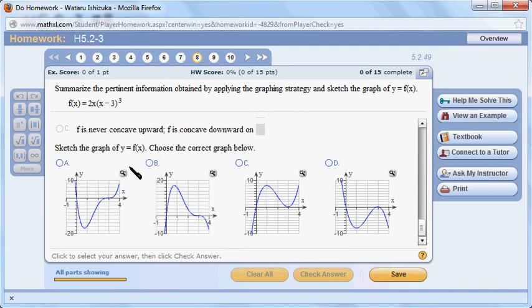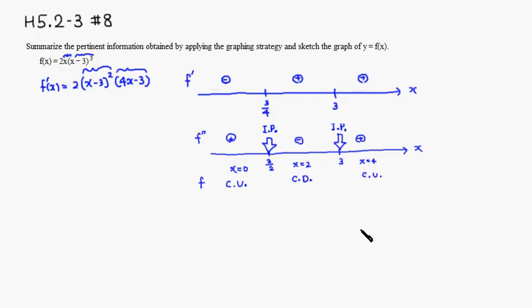Now sketch the graph of y equals f of x. We're going to look at the concavity and increasing and decreasing. This is a number line for the first derivative and second derivative. It's kind of hard to see in two separate ones, so I'm going to combine these two into one number line.